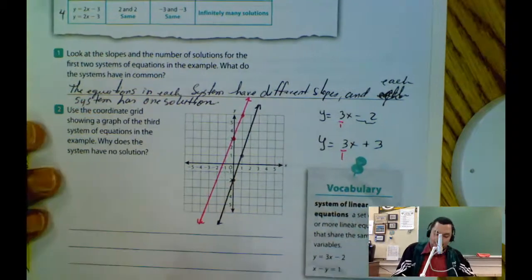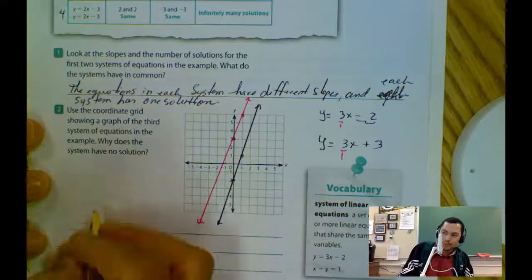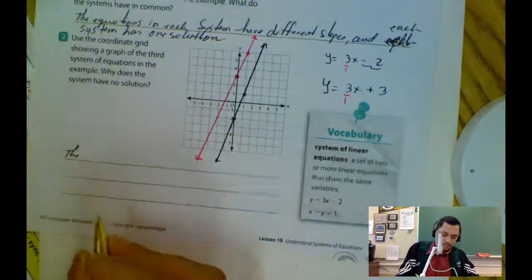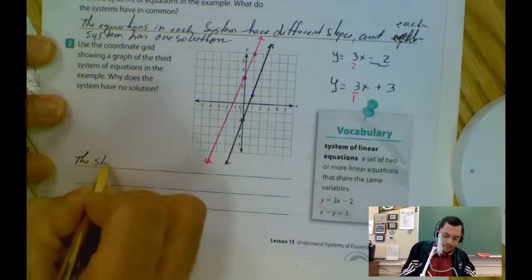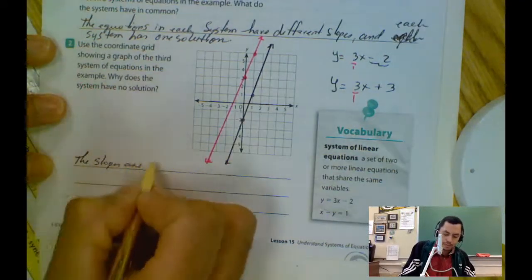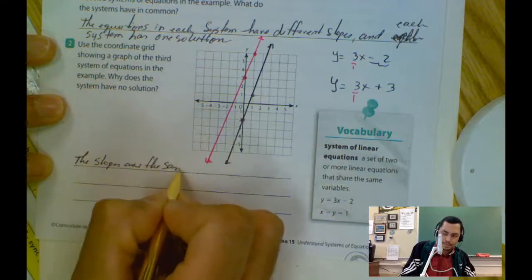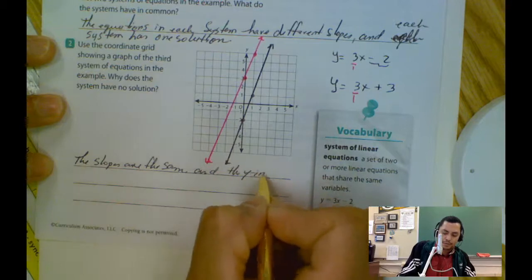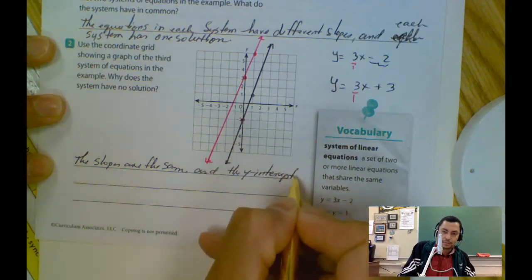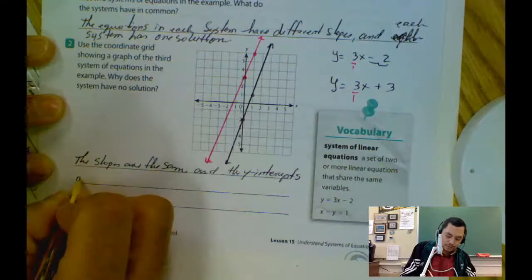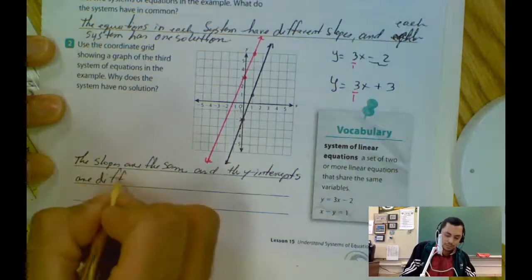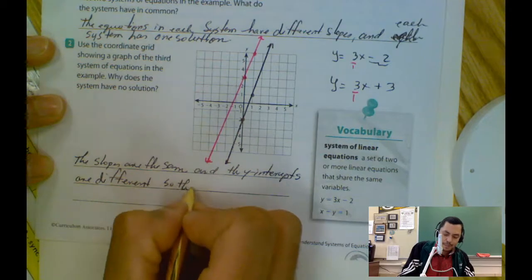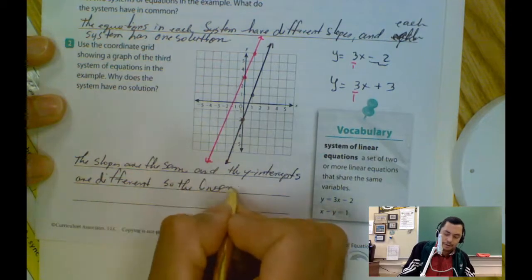So in this case, I'm going to write here, the slopes are the same, and the y-intercepts are different. So the lines are parallel.